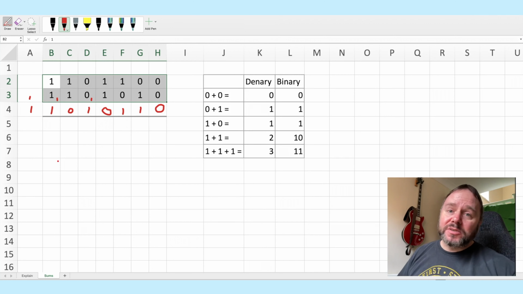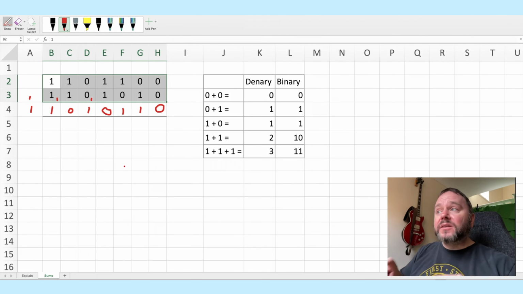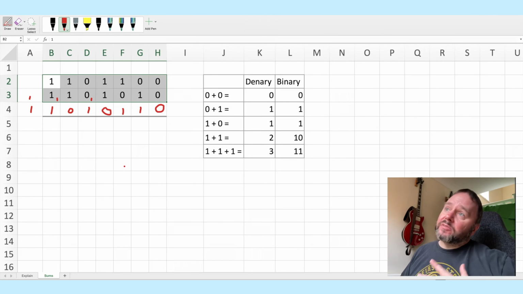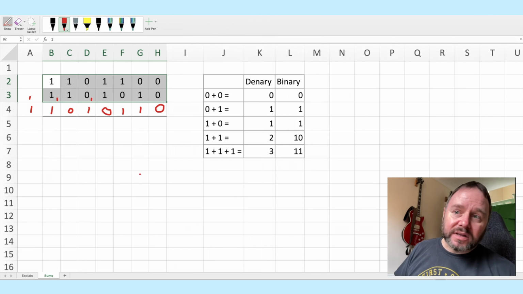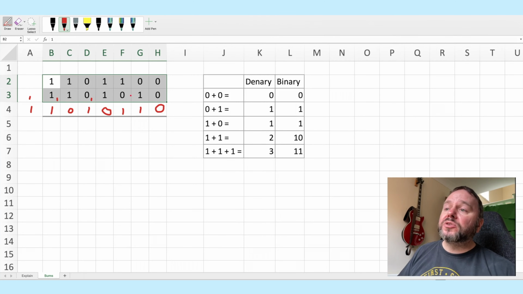So if it asks you to write the answer out in 8 bits, you must write out 8 numbers. And if you haven't got enough, just put zeros on the left. So here, if we were asked to write this out in 8 bits, 1, 2, 3, 4, 5, 6, 7, 8. Actually, that works, doesn't it? If we were asked to write it out in 7 bits, this is what we would write out.